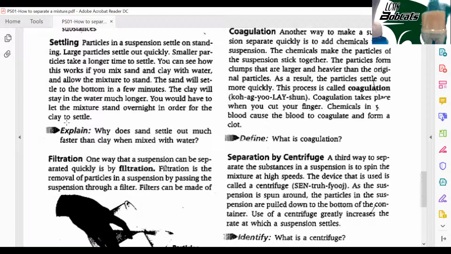Now, if we let it sit overnight, the clay, the brown stuff above the sand, is going to eventually settle out. So we may take a look at that next time we come together and see how it's actually settled out. You can see there the sand is at the bottom and the brown clay is still mixed.